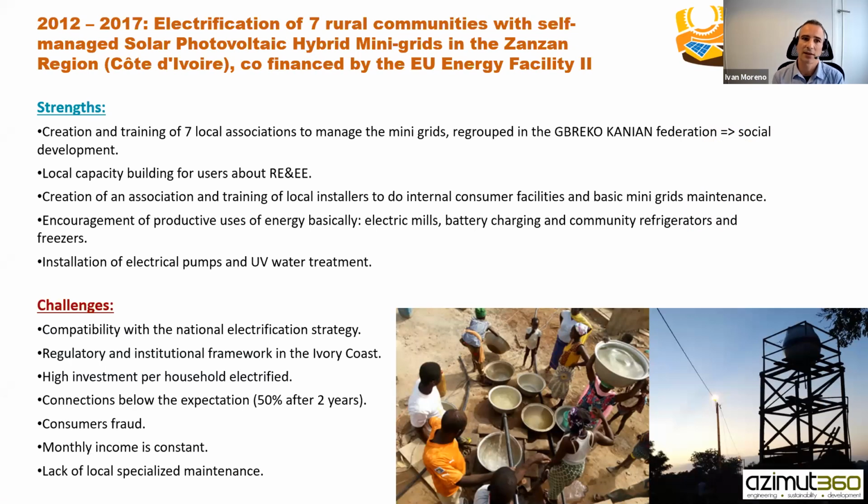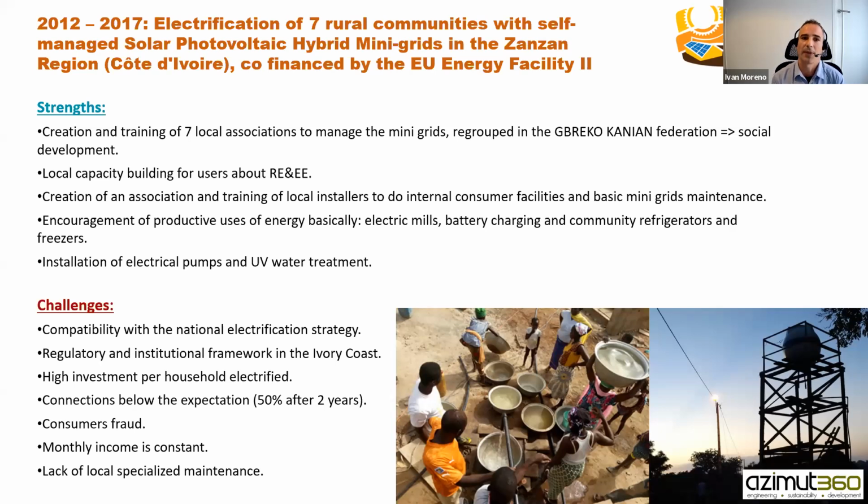In this case, the strengths are the creation of 7 local associations to manage the mini grids. This is a kind of social development. Also, local capacity building for users, and the creation of associations and training of local installers to do internal consumer facilities and basic mini grid maintenance.